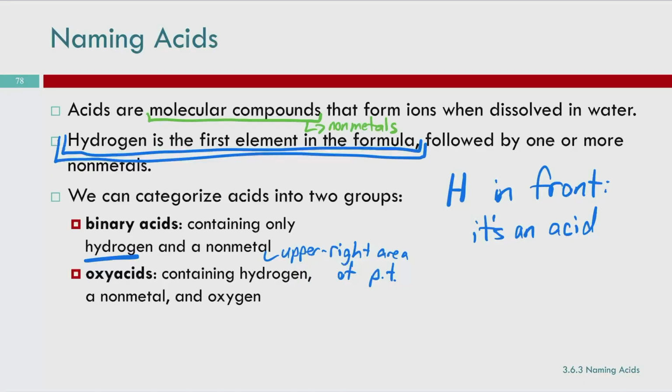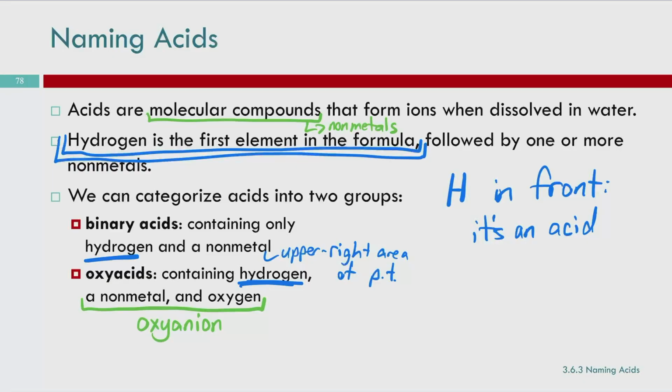We're also going to have oxyacids. The oxy part lets us know there's oxygen in there. These oxyacids are also going to have hydrogen. The hydrogen will be in front. It'll be the first thing. They'll also have a nonmetal and oxygen. The nonmetal and the oxygen together are an oxyanion.